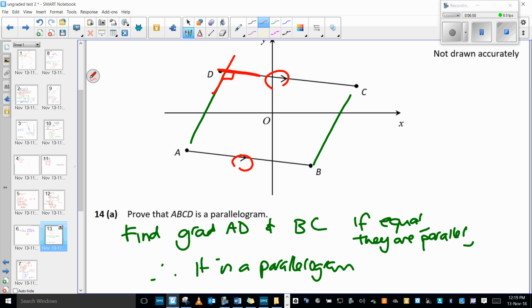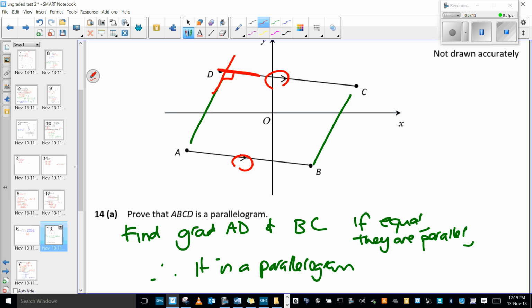Now, a rectangle is a parallelogram because it follows that criteria, but not all parallelograms are rectangles. Okay? So if we show that this does not meet at right angles, it means it's not a rectangle. Does that make sense?